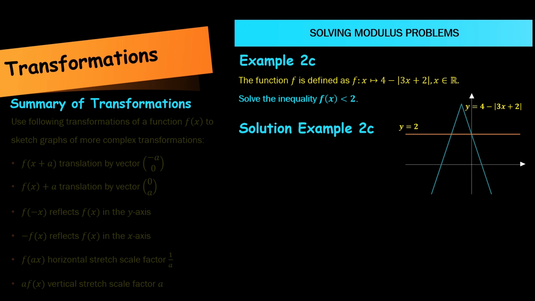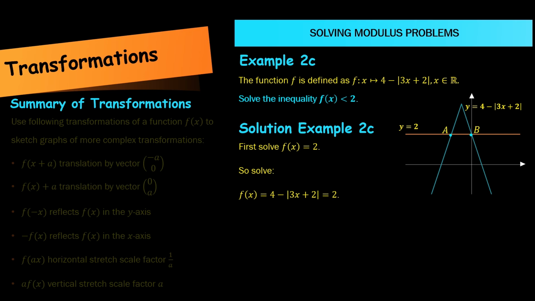We have y equals 4 minus mod 3x plus 2, and superimposed on that is y equals 2. We're going to begin by solving f of x equals 2. In other words, we're going to solve 4 minus mod 3x plus 2 equals 2.